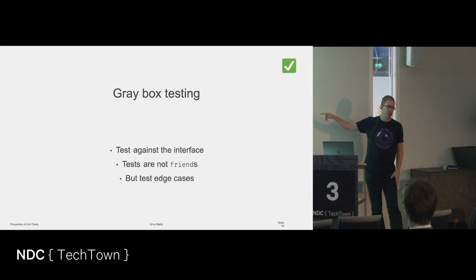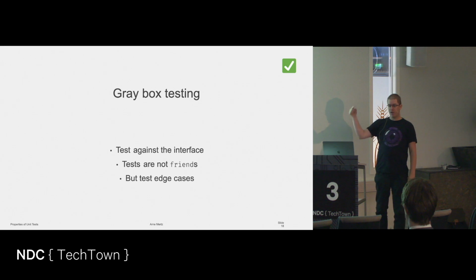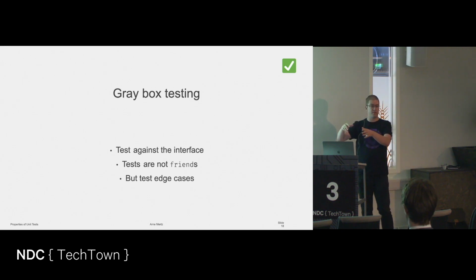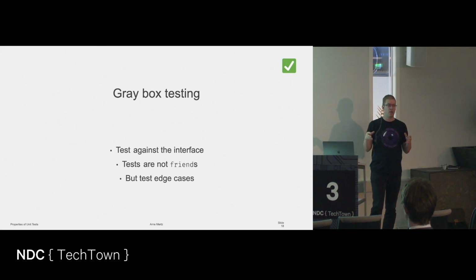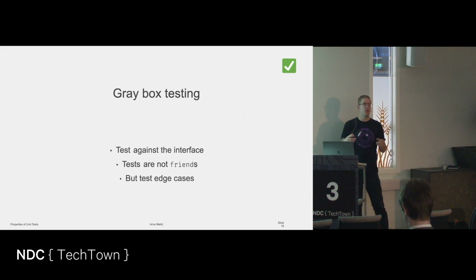Unit tests should not be friends, because if unit tests are friends and able to reach into your classes and touch member variables, even only to observe them, it makes it really hard to refactor your class. Remember, we want to refactor without touching the tests, because the tests make sure that our behavior stays the same.